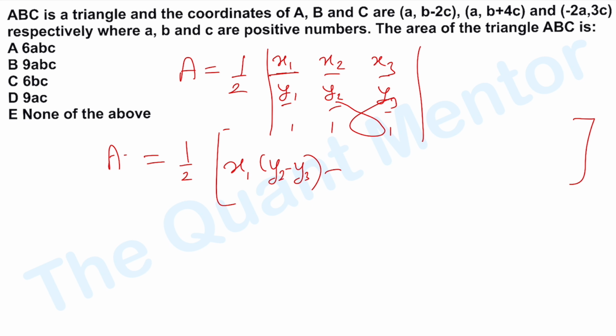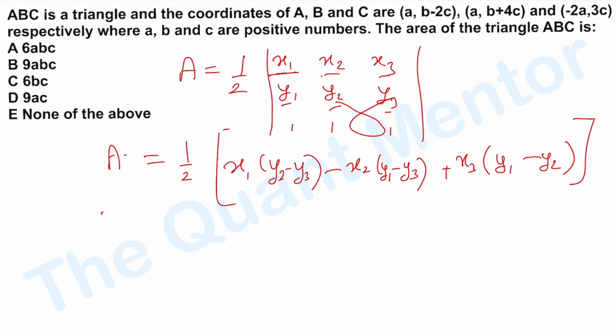Next step is minus of this second term, x2, and x2 will be multiplied by 1 into y1 minus 1 into y3. So y1 minus y3. And the last step is plus x3 multiplied by 1 into y1 is y1 minus 1 into y2 is y2.